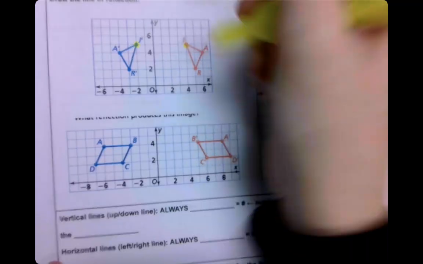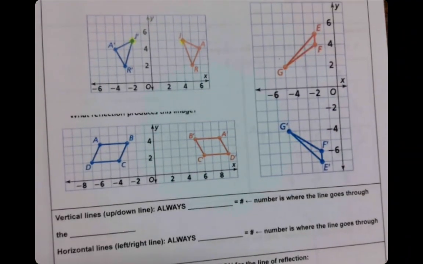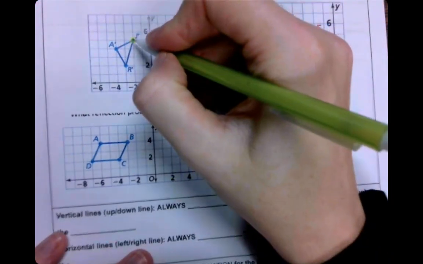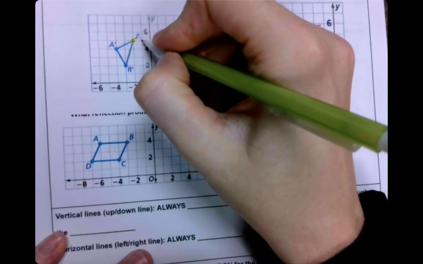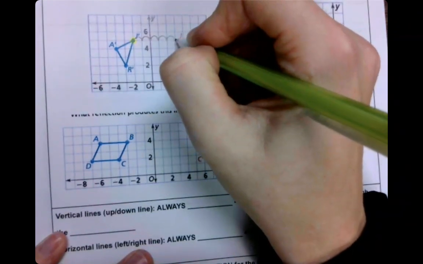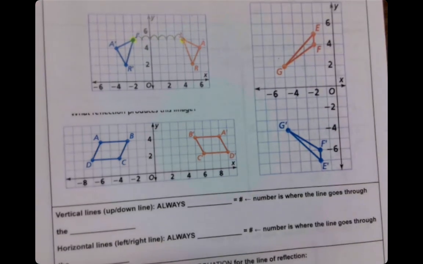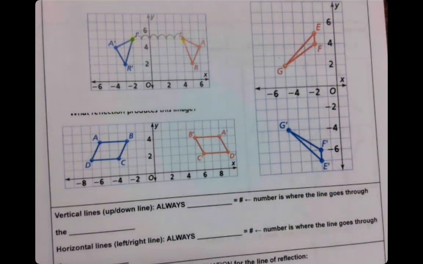But I'm going to pick J, okay? And I highlighted both the J's, all right? J and J prime. Then I'm going to count. So 1, 2, 3, 4, 5, 6. Okay. So once again, I picked the same point on both and I just counted between them.